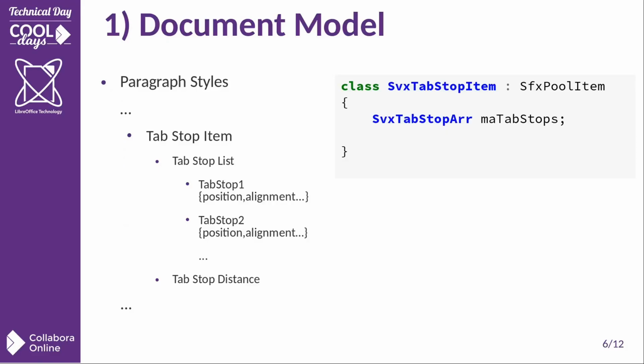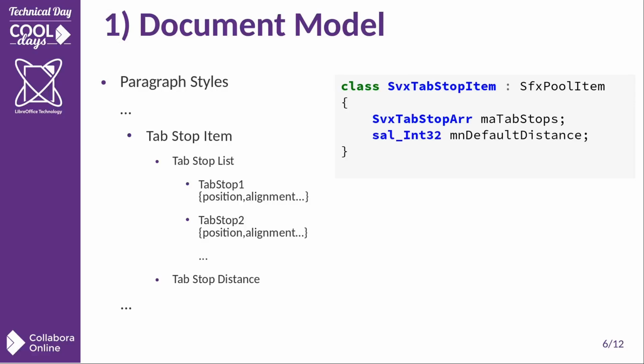We want the property to live in the paragraph styles in the end. Therefore, this meant the new tab stop distance will have the same scope as the tab stops implementation before. So adding it in this SvxTabStopItem, which keeps information for tab stops in a paragraph, made sense.